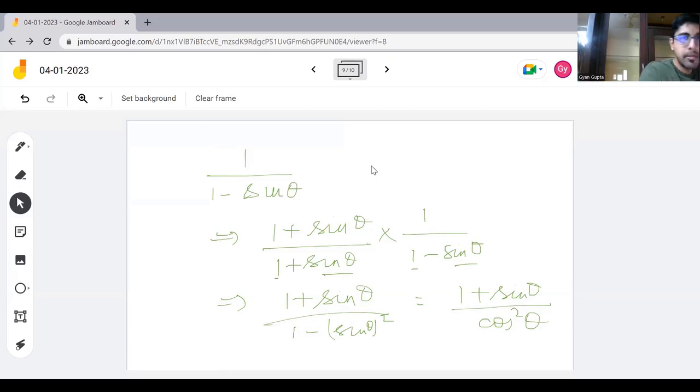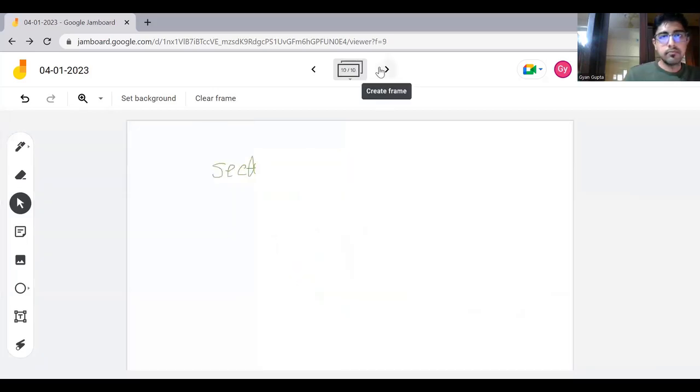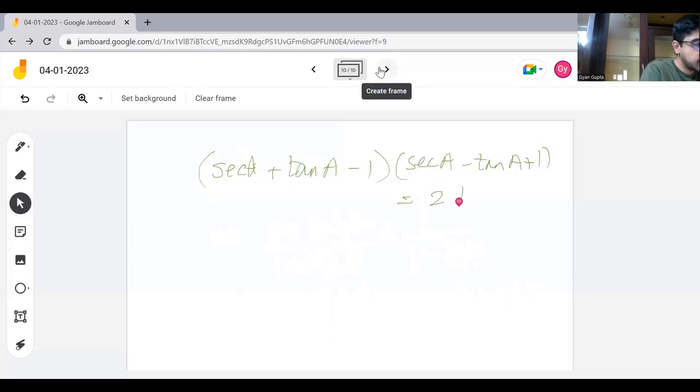secant A plus tan A minus 1 into secant A minus tan A plus 1 is equal to 2 tan A. Take a moment to think what the approach is.